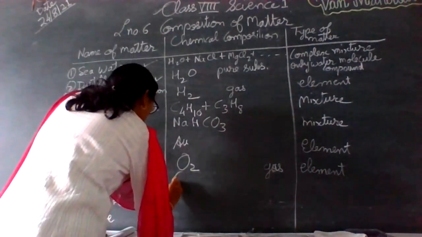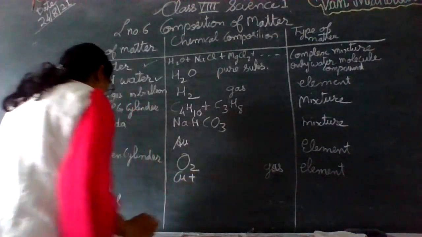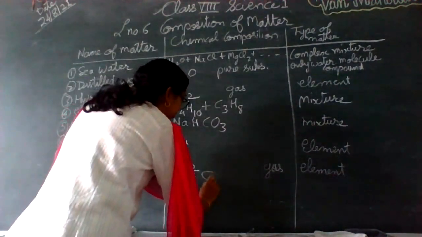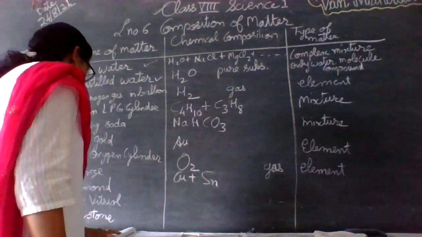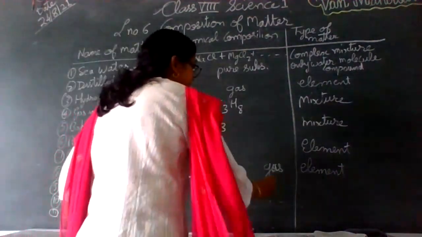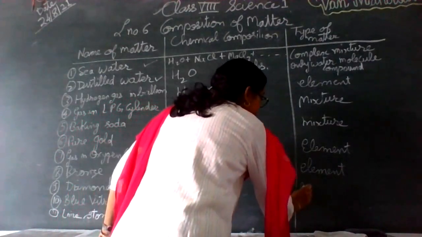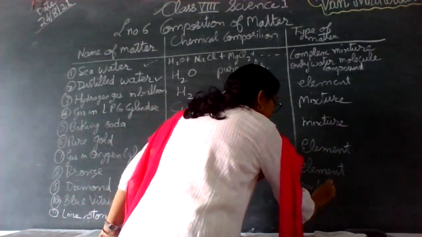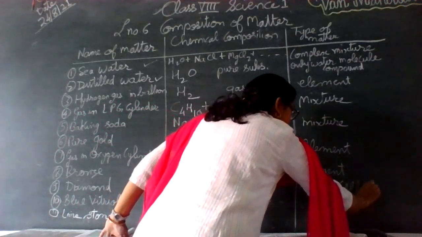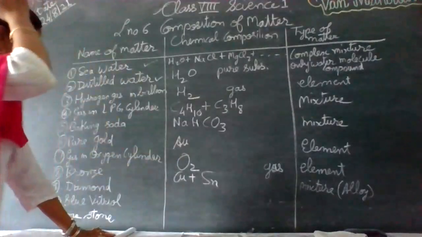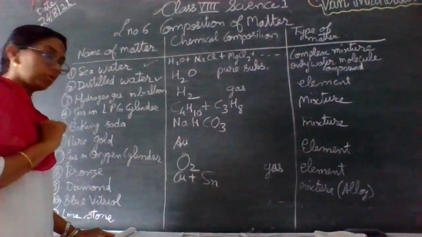Bronze, as you all know, is an alloy of copper and tin. In that case, as it is an alloy of two different metals, it's a mixture.